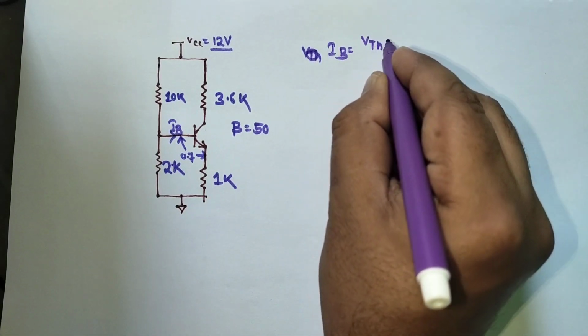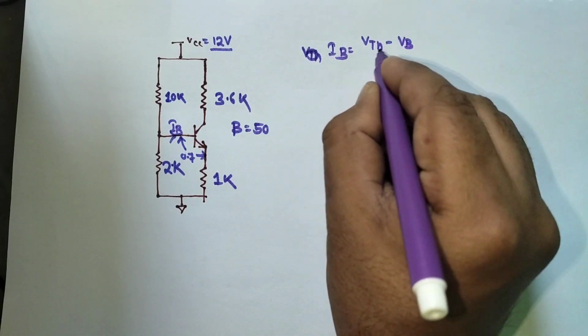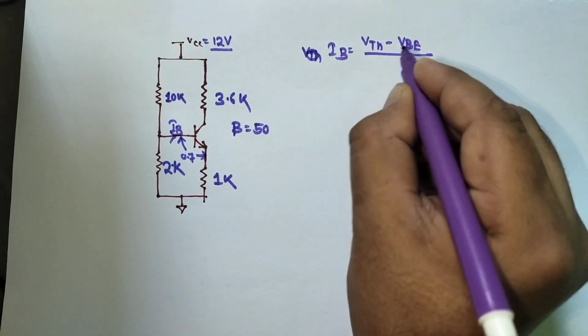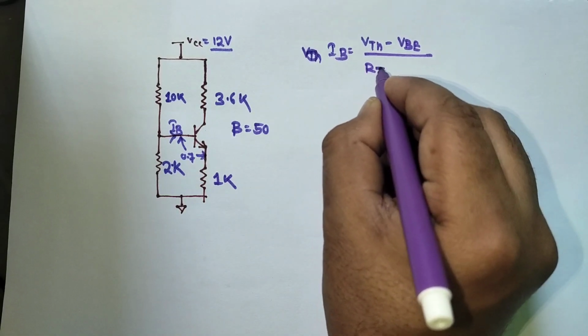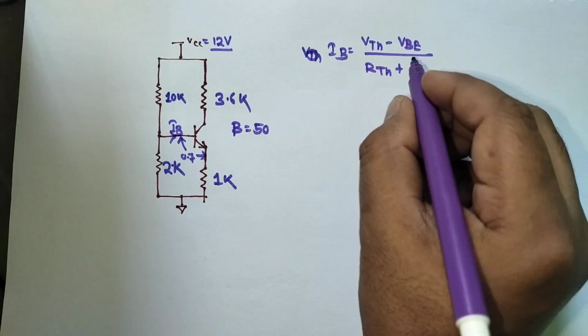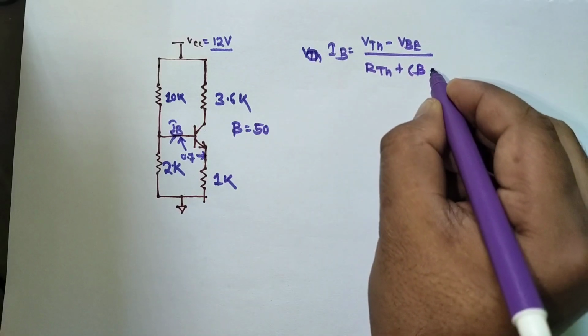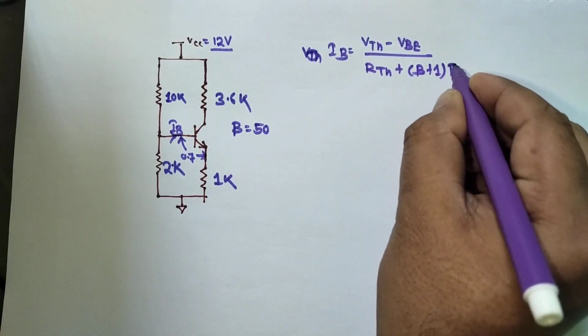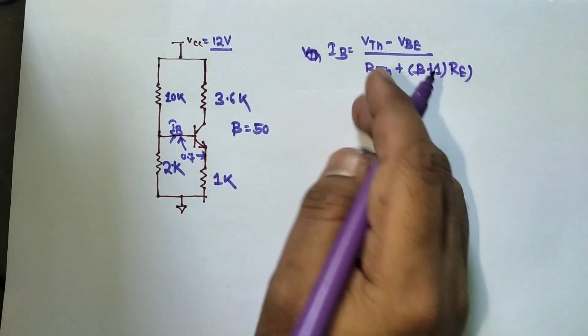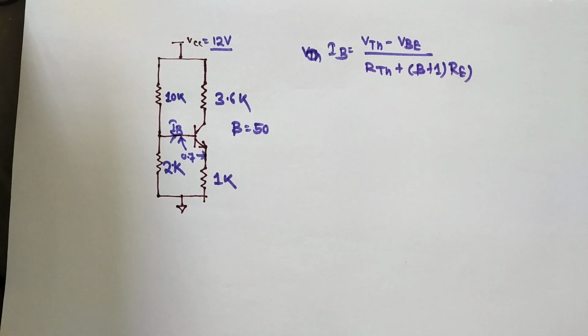IB equals VTH minus VBE divided by RTH plus beta plus 1 into RE. For this we require VTH and RTH, so we need to find the VTH value.